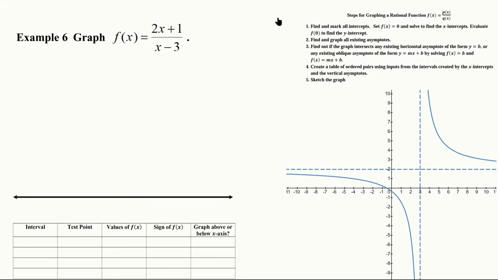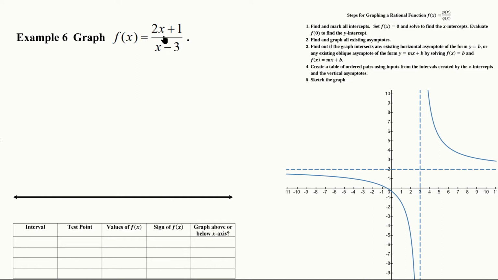So we'll start with the x-intercepts by setting the function equal to 0 and solving. Notice that a rational function is going to be 0 only in the places where the numerator is 0 and the denominator is not.